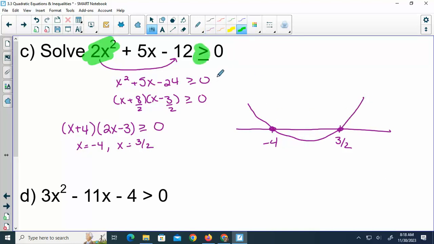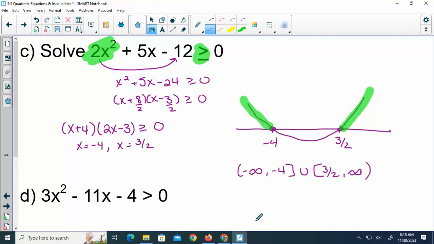So where is the greater than? Because of the equal to, we have a bracket on the -4 and the 3/2. Infinities, of course, still get our parentheses.